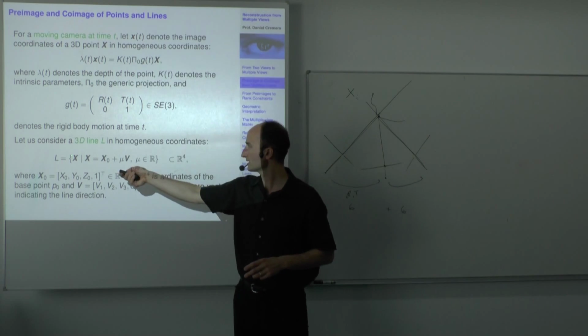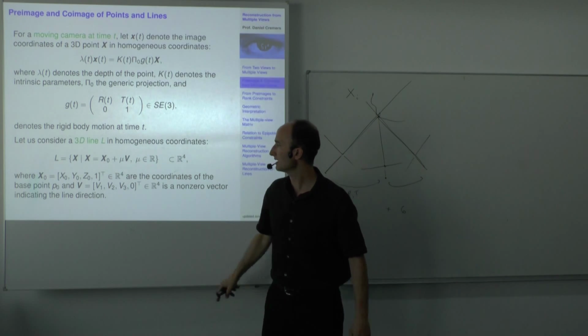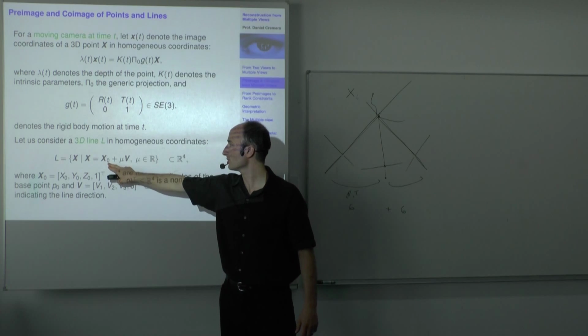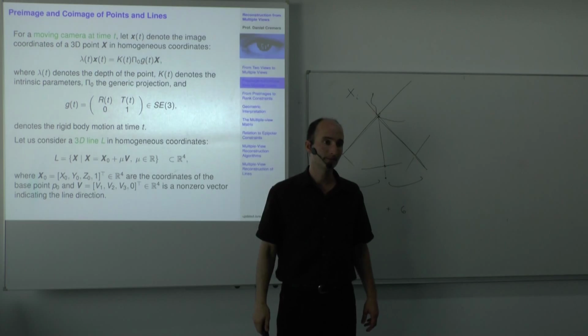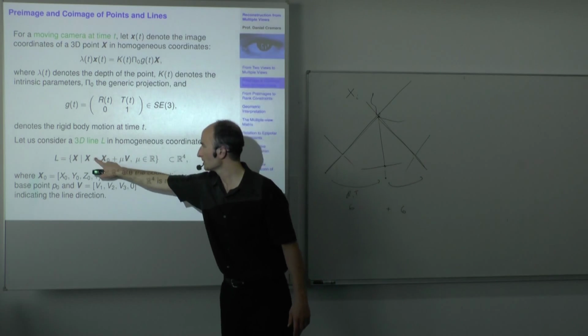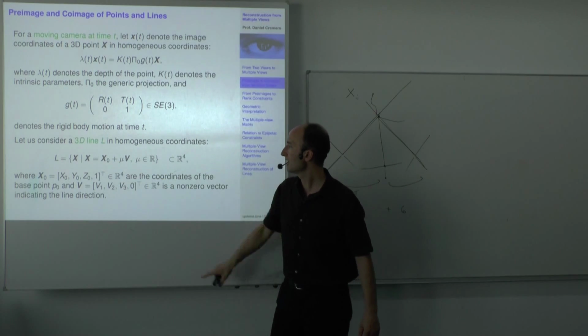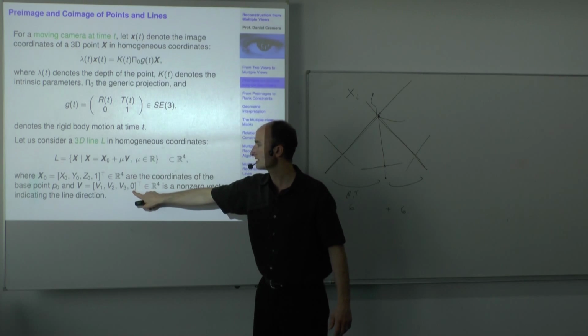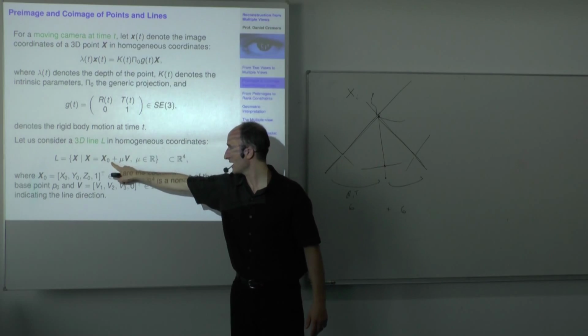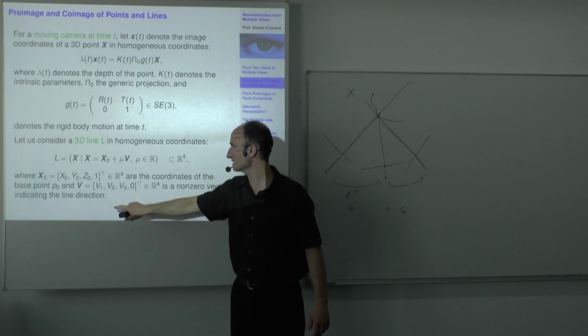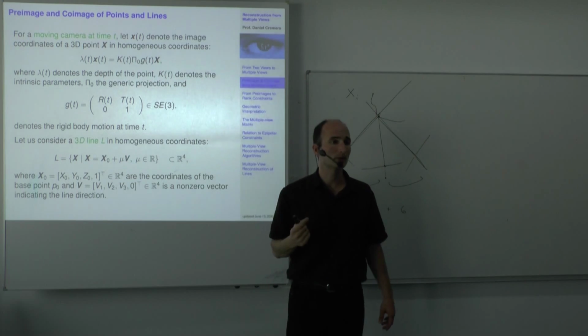And so these are points large X, which are simply obtained by having a base point x0 plus mu times an offset vector v. Since all of these points should be in homogeneous coordinates, the offset vector, of course, has the fourth component being 0, so that if I add multiples of that vector to x0, the last component will always be 1.